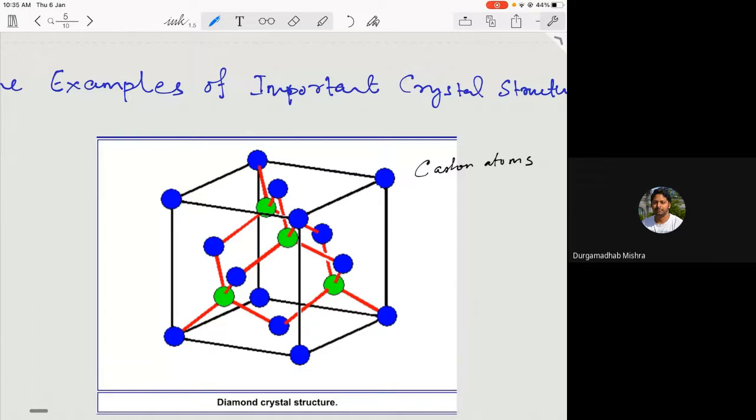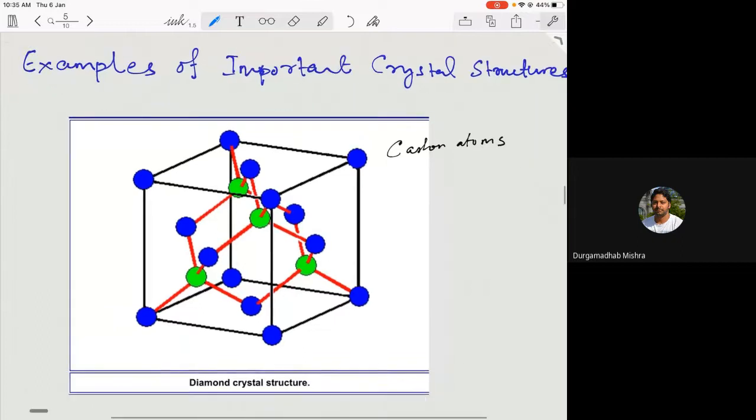So in the diamond structure, if you look at only the blue ones, they form an FCC lattice. Let's say you take the origin at 0, 0, 0.